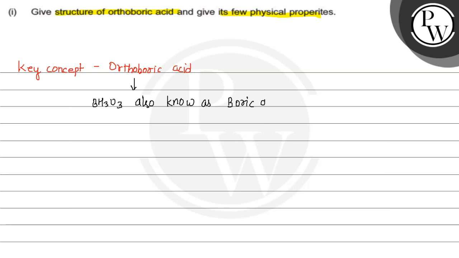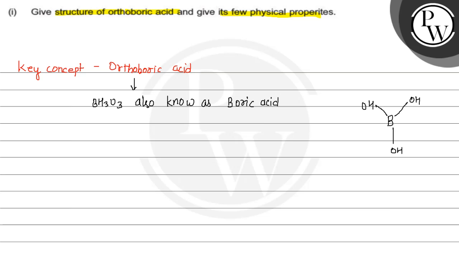And the structure of orthoboric acid is: boron is a central atom, and OH, OH, and this one is OH.